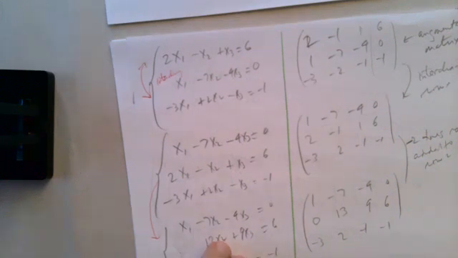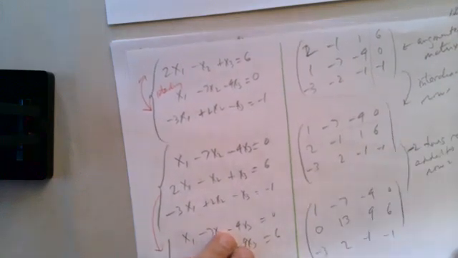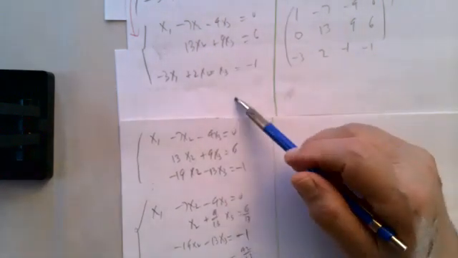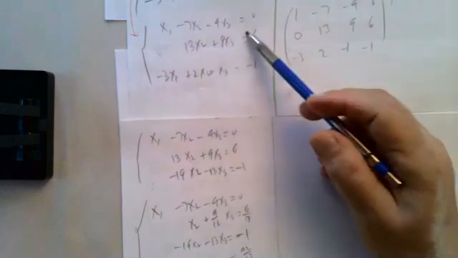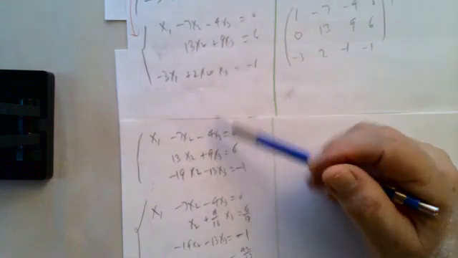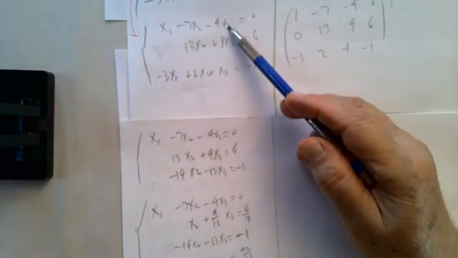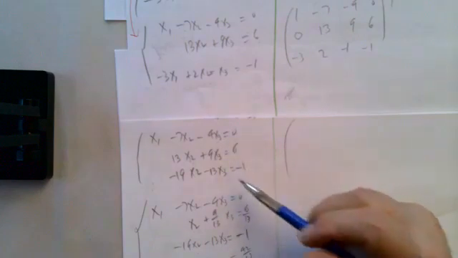Okay. Let's see, what was the next thing we did? Here it is. So in our system of equations, we got from here to here. We didn't change the first equation or the second equation, but we multiplied the first equation by 3 and added it to the third. And what is our augmented matrix for this system of equations?